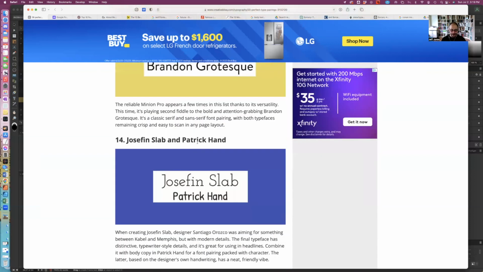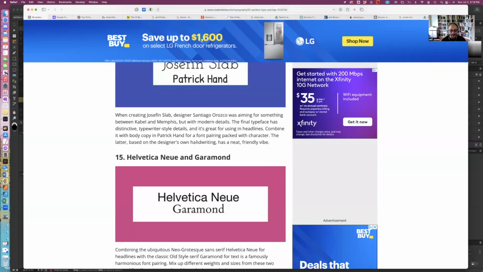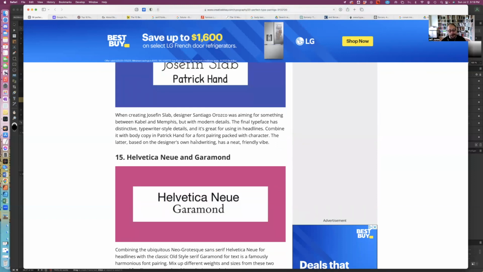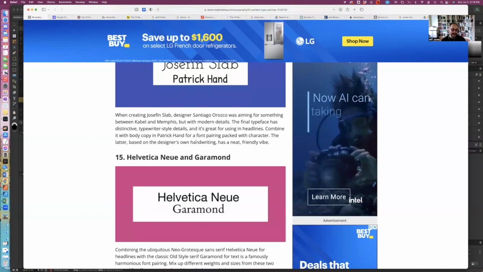What you're going to want is to pick one font for your body text. That is the letters, the words, sentences, the paragraphs. They're going to be read, not the headings or the title, but the body text is the part that people are going to be reading.